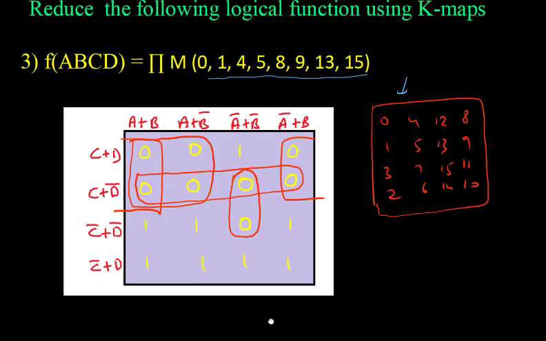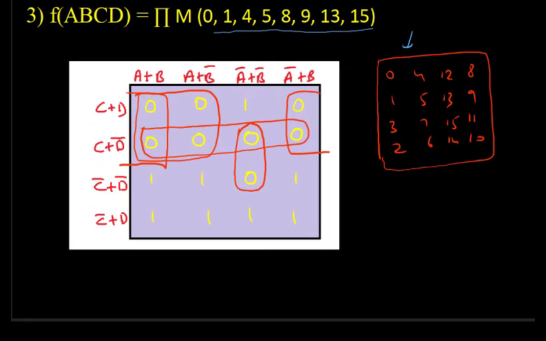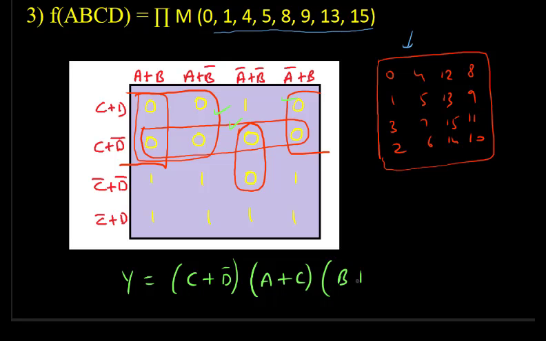So we write the equation of this. Y equal to, first the equation of this particular quad is straightforward, C or D bar. Then for this particular quad, A is not changing and C is not changing, so A or C. Then for this rolled one, A is changing, so B or C. And the last one is this pair.